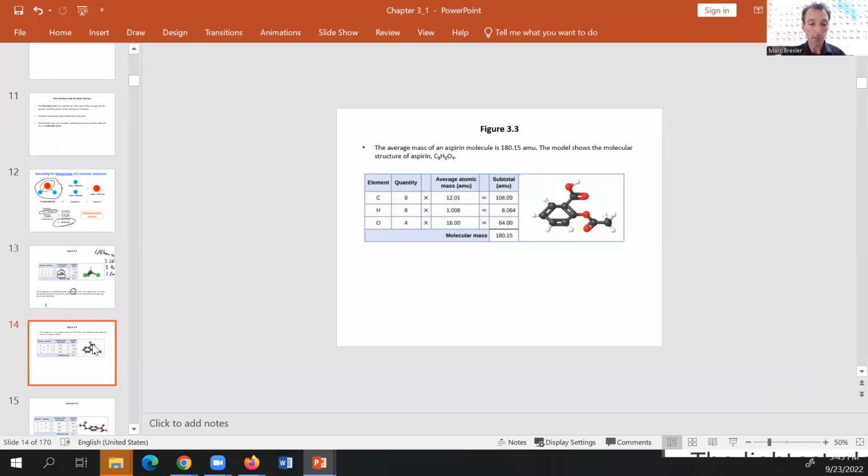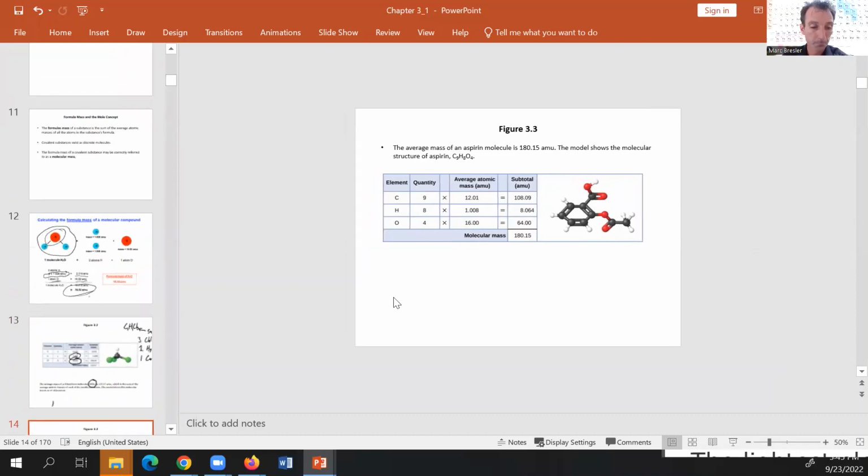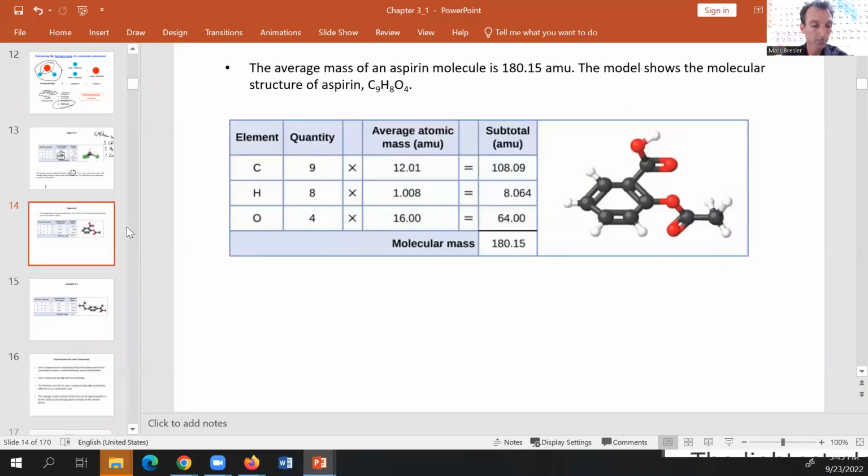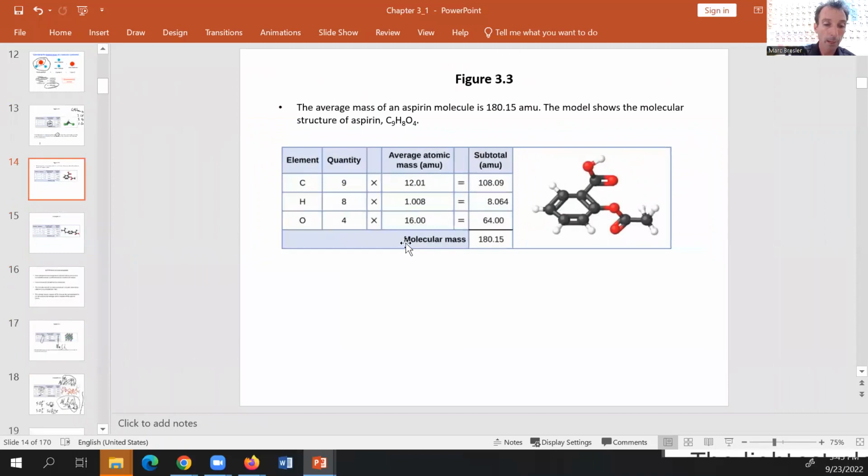Yeah, let's look at this molecule, aspirin. So aspirin is C9H8O4.